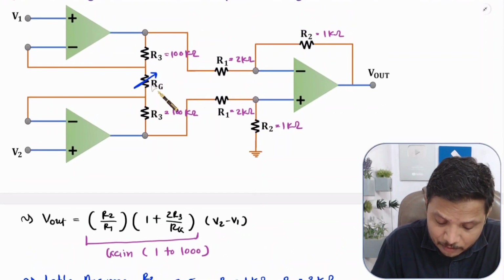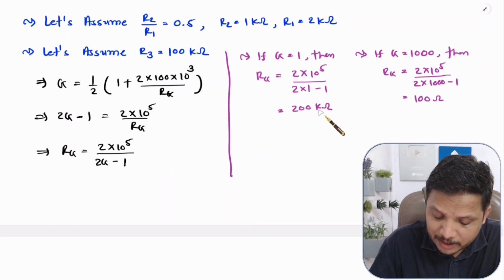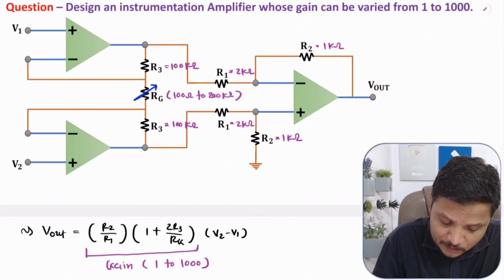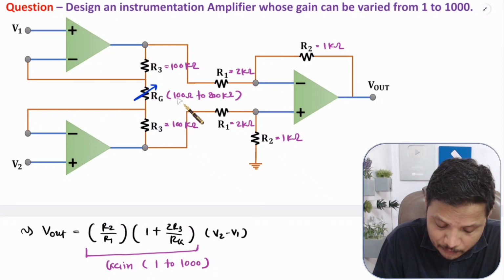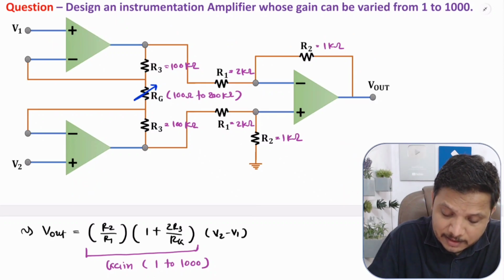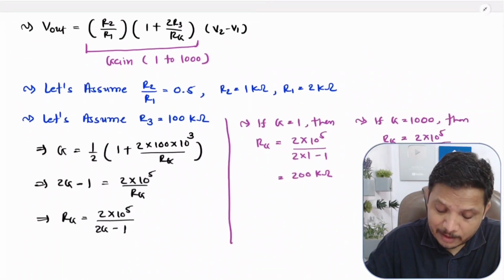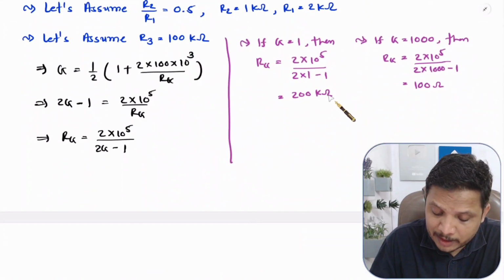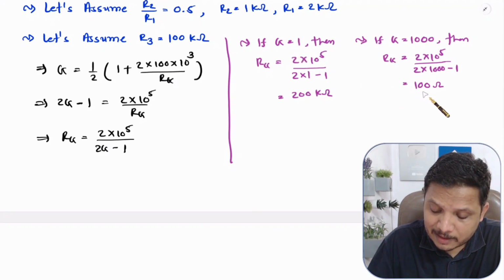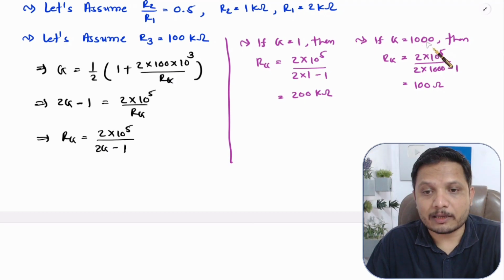And Rg value will be ranging from 100 ohm to 200 kilo ohm. So as you change Rg value from 100 ohm to 200 kilo ohm, overall gain of this circuit will have range from 1 to 1000. Whereas if this Rg is 200 kilo ohm, at that time gain is equal to 1. And if Rg is 100 ohm, at that time gain is equal to 1000.